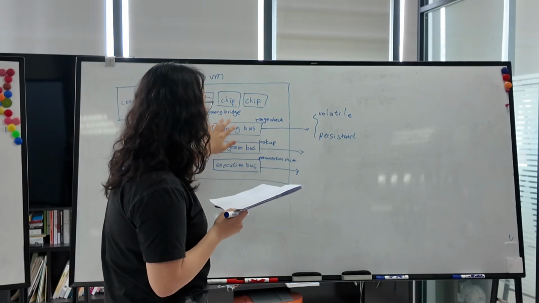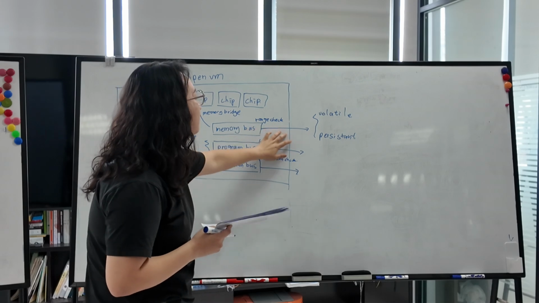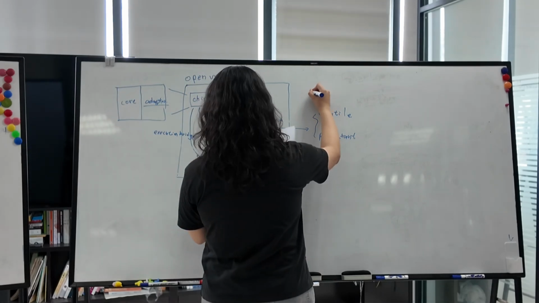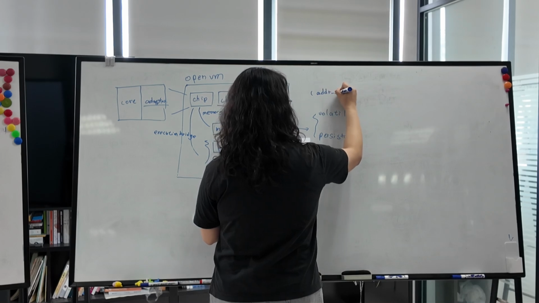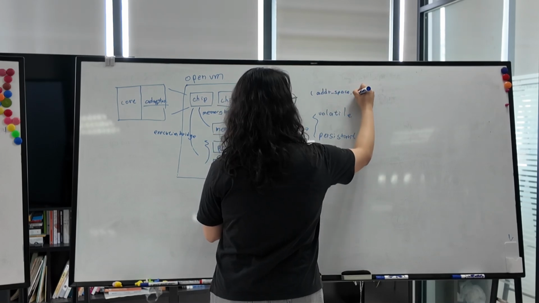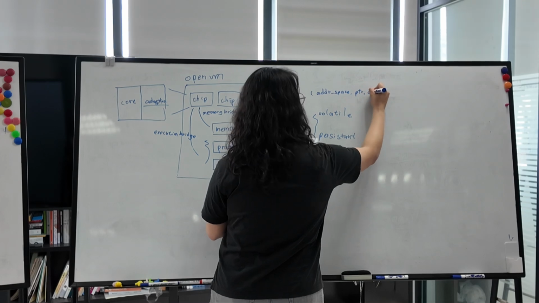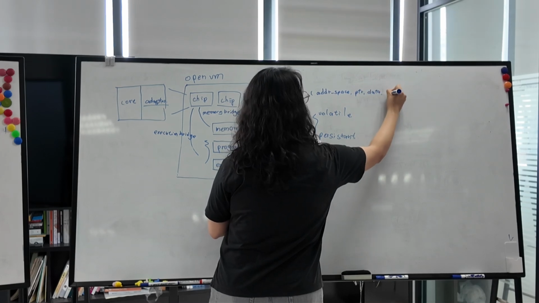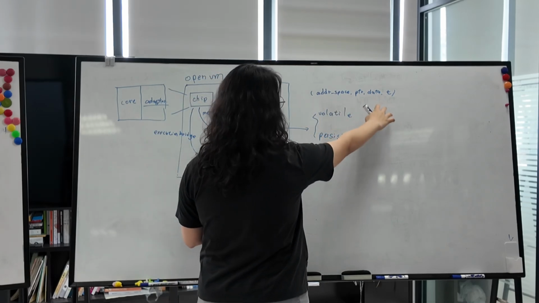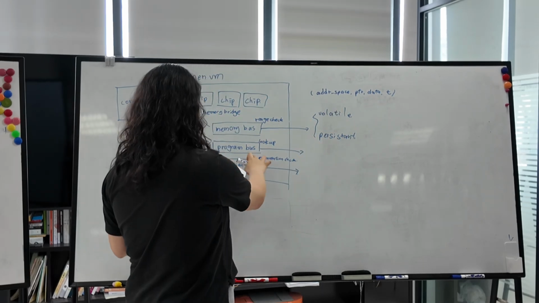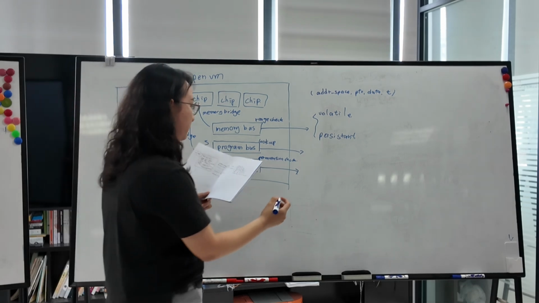And for memory bus, the message format is like this. It's taking in the address space, the pointer, the data, and then time. And then for program bus, the message format is like this.